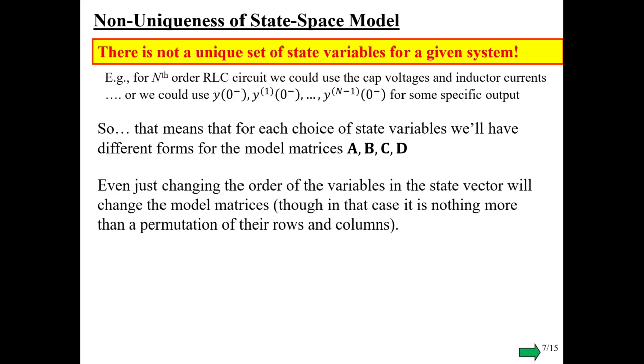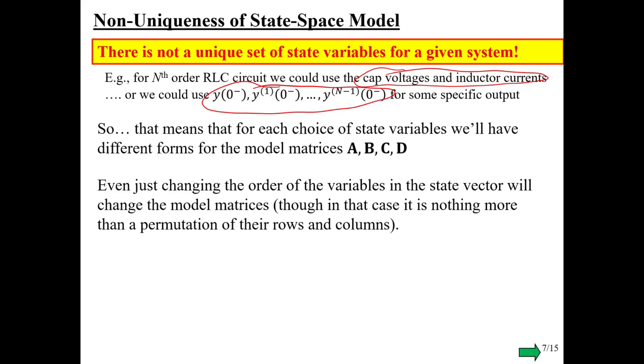So even just changing the order, so here there's an obvious order for the cap voltages and inductor currents, what if I put those in one way, all the cap voltages and then all the inductor currents? Maybe I switch those around.